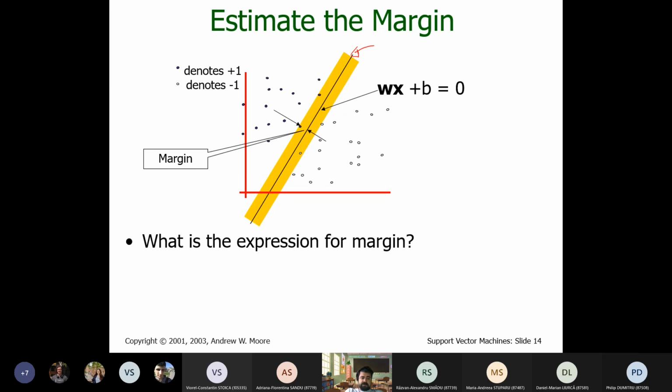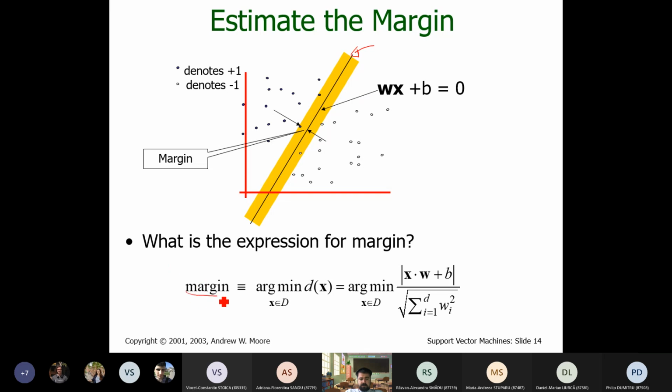This is an error, this is not the argmin, it is the minimum of the distances of x from the data set. So for all the data set points, out of the distance of x that we defined on the previous slide, and which looks like this.